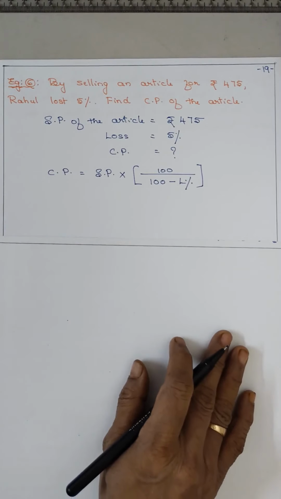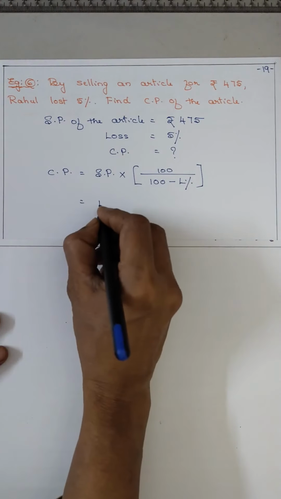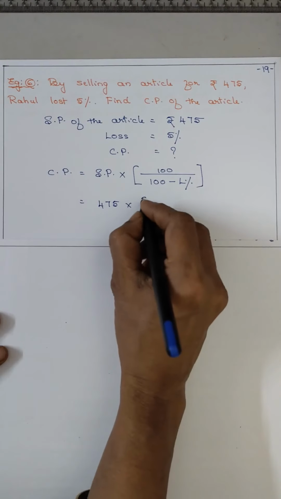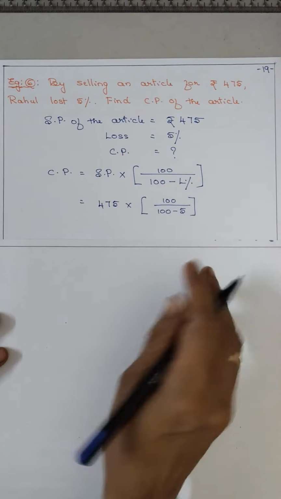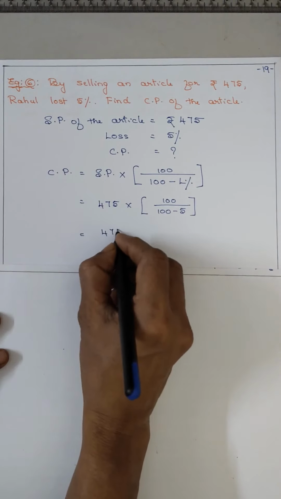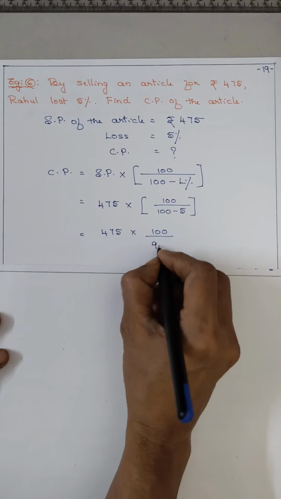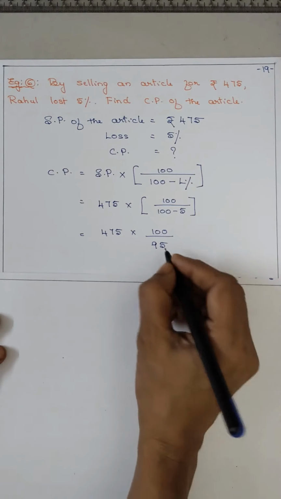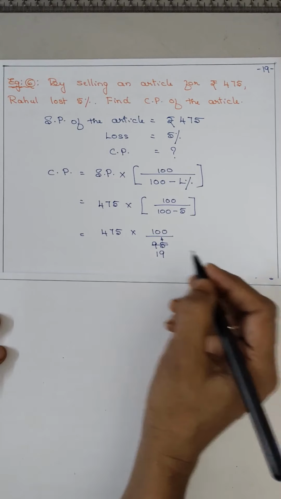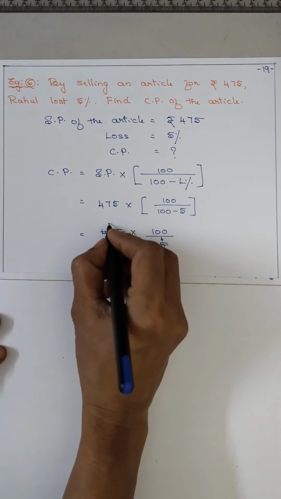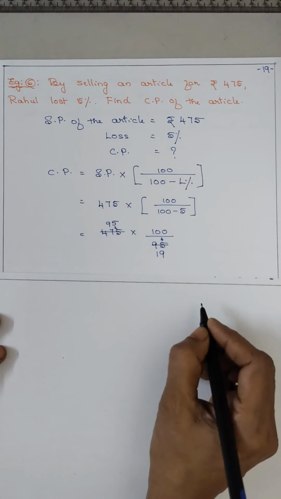Hope you are finding it easy to remember the formula, isn't it? Now SP, how much is given? 475 into 100 upon (100 minus 5). So it is 475 into 100 upon 95. In the table of 5: 5 ones are 5, 5 nines are 45, 4 remains, 5 fives are 25.